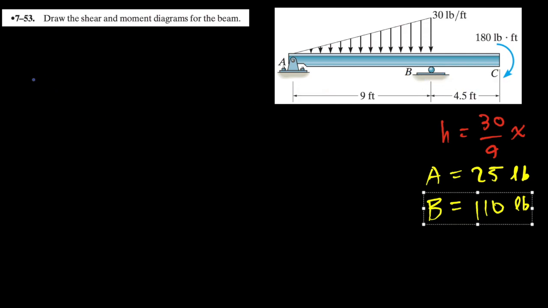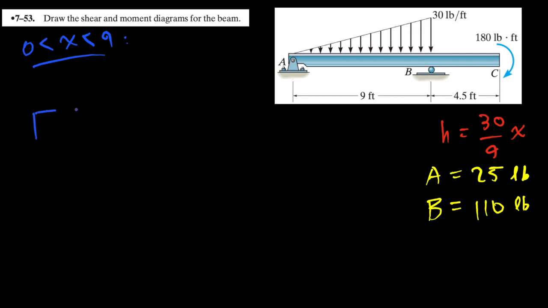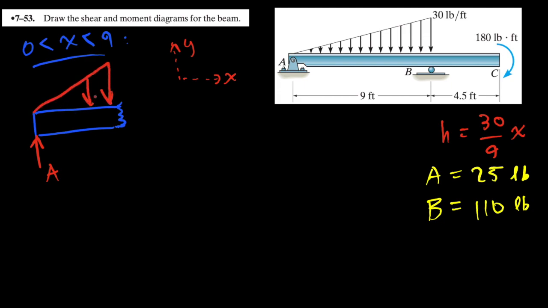So let's start off with x from 0 to 9, and let's section our beam there. We have the left side of the beam like that, and then we're sectioning it. And here are the forces applying on this beam. First, we have our y and x. But we have a reaction force A that we calculated the magnitude of, and we have a distributed load, whose height we know from this equation.